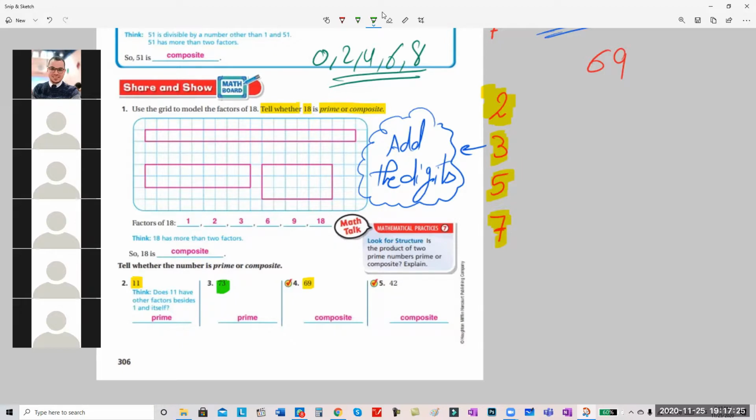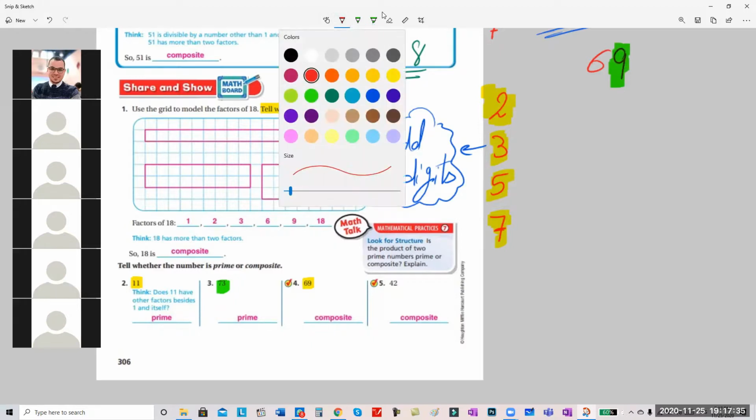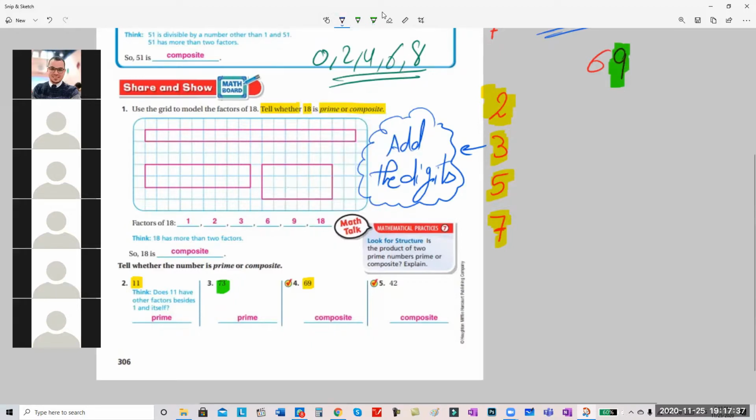If you want to check with 2, you have to check the ones place of the number. What is the ones place here? 9. So let's ask 9, are you even or odd?